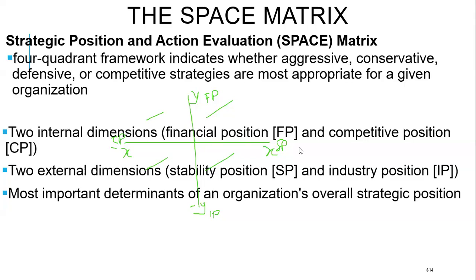If they are scoring high between 1 and 7, approaching 7, then the financial position of the firm is good. Whereas if it is going towards the point of origin, somewhere here, then the financial position will be bad.